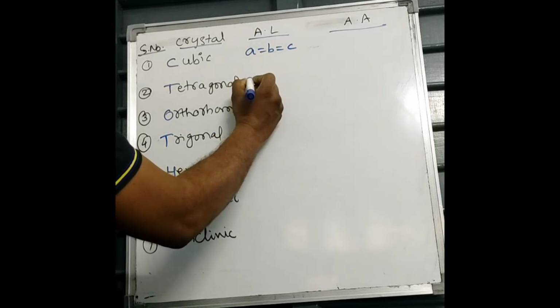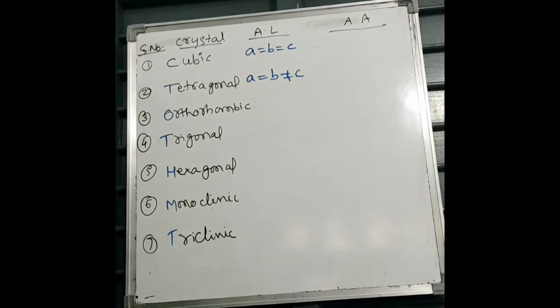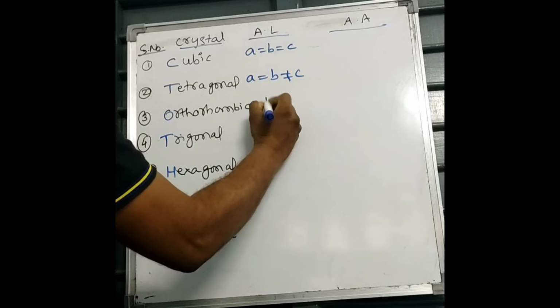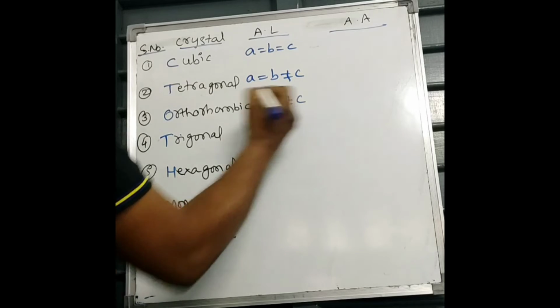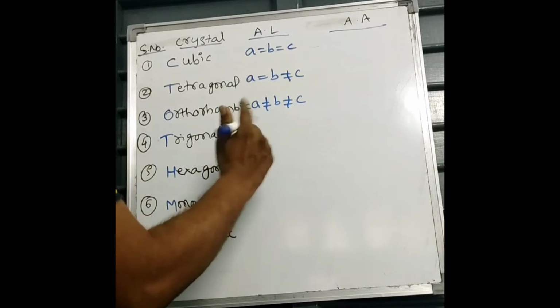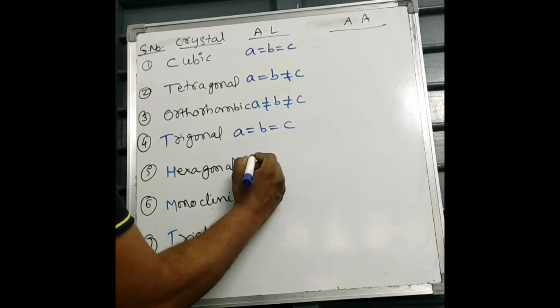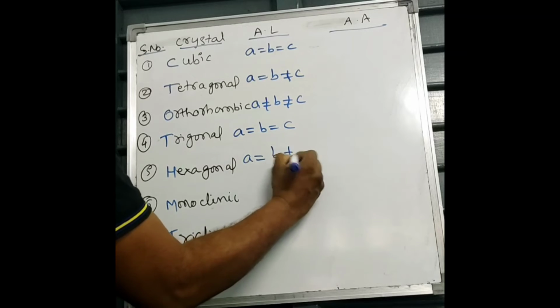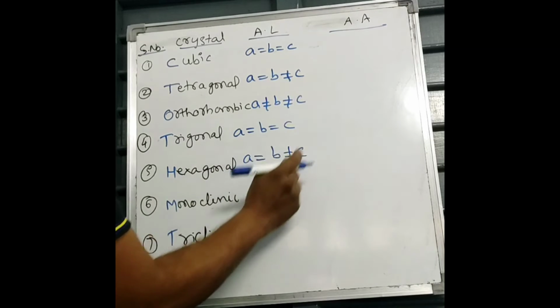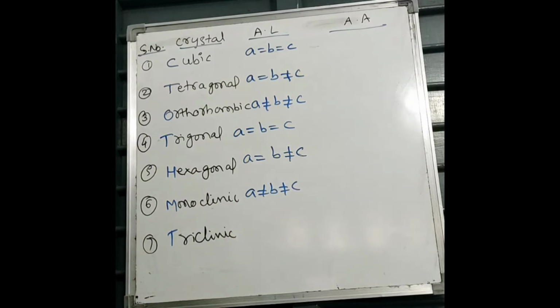Here A equals B, that is not equal to C. And A is not equal to B is not equal to C. You have to write the first as it is, A equals B equals C, then A equals B not equal to C. I am writing here. Next, this one is A not equal to B not equal to C. So wait for triclinic.